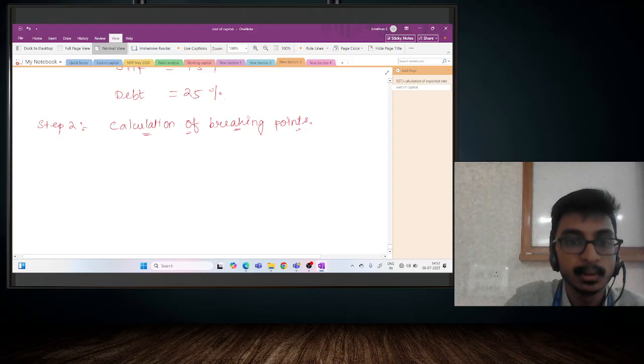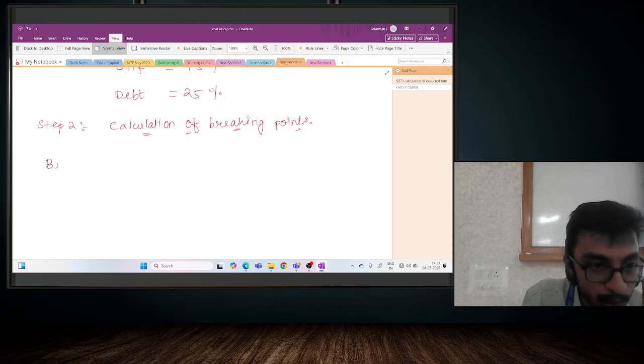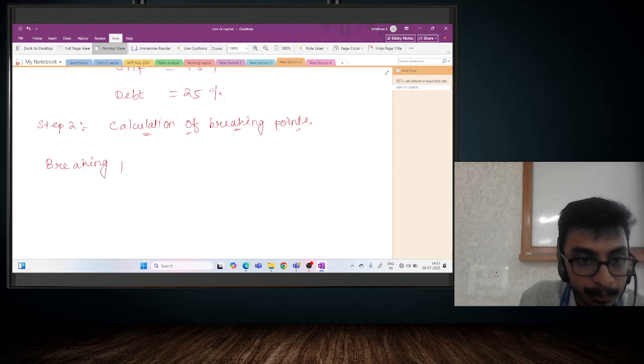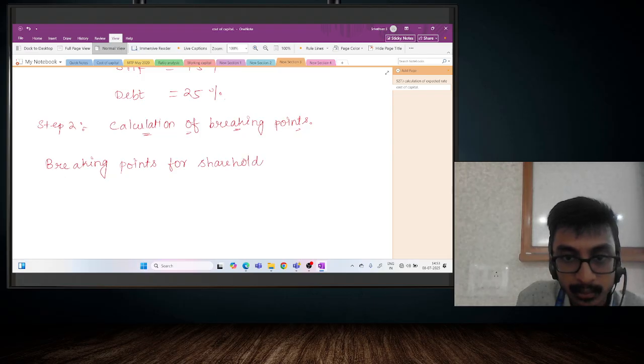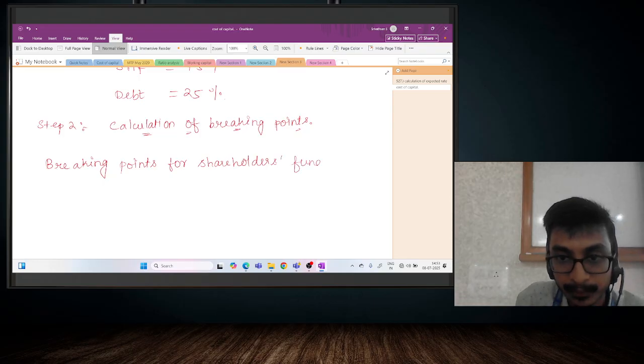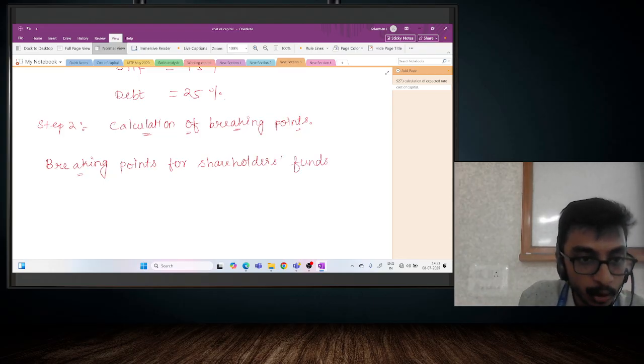So write down first breaking points for shareholders fund, and write down the formula.